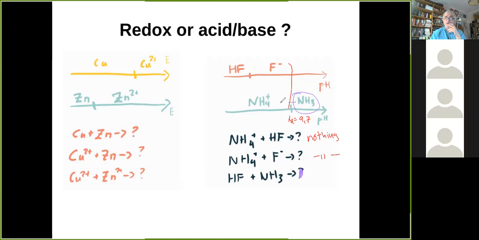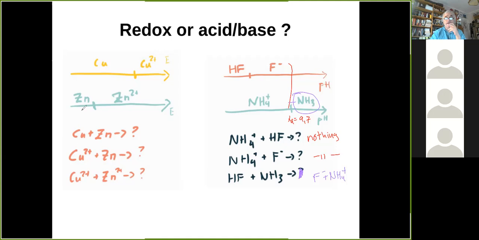Well, it goes to ammonia, which will protonate and form ammonium ions. This is a way to actually use these kind of diagrams. Exactly the same could be said about redox diagrams, or similar things at least.